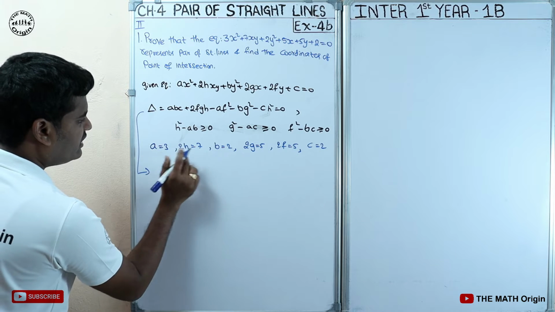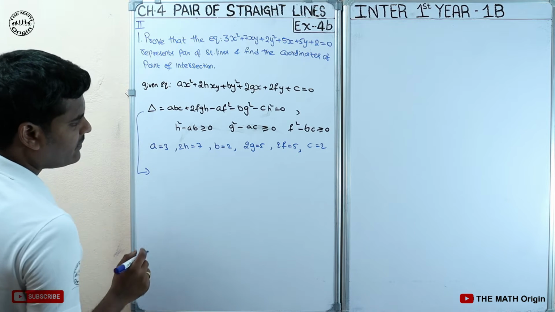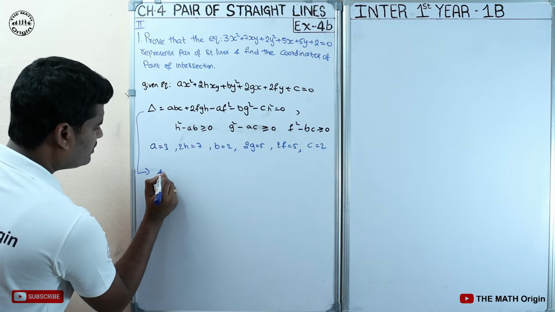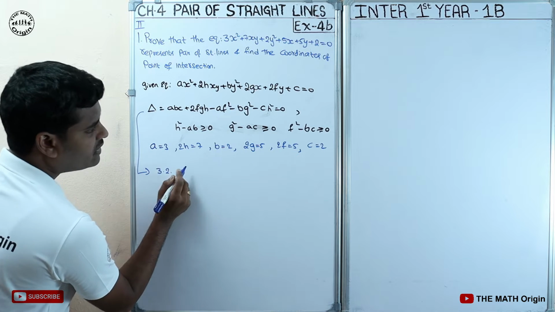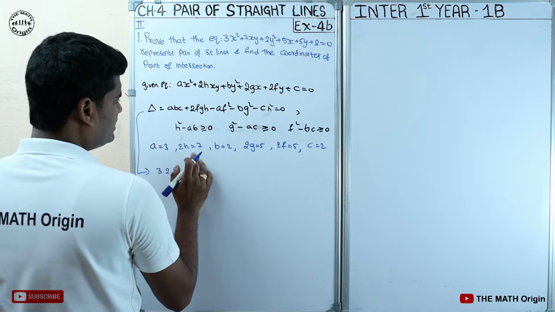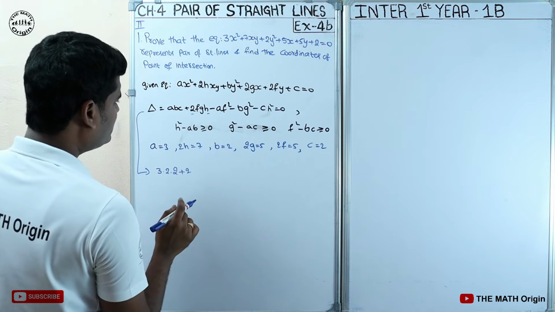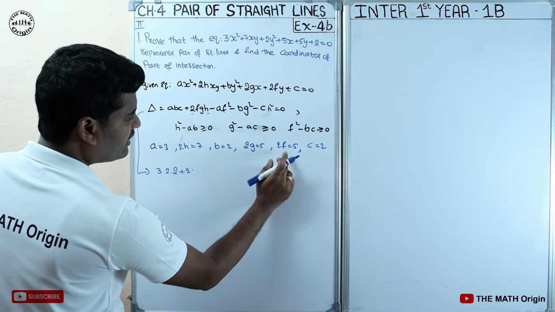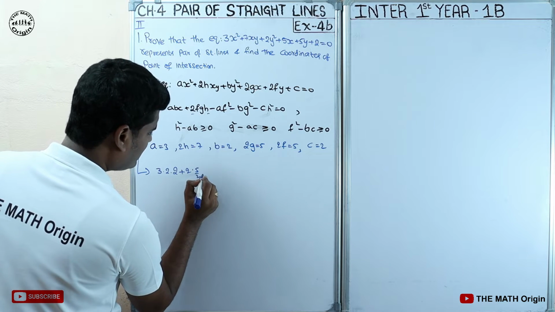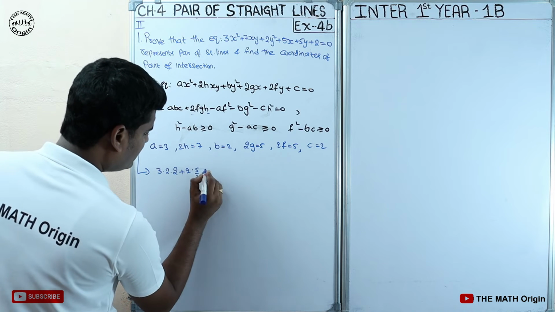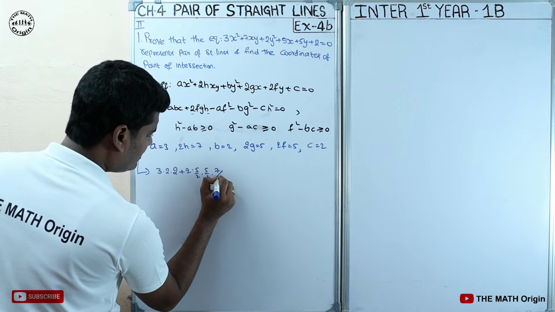abc is 3 into 2 into 2, plus 2 into f, which is 5 by 2, into g, which is 5 by 2, into h, which is 7 by 2.